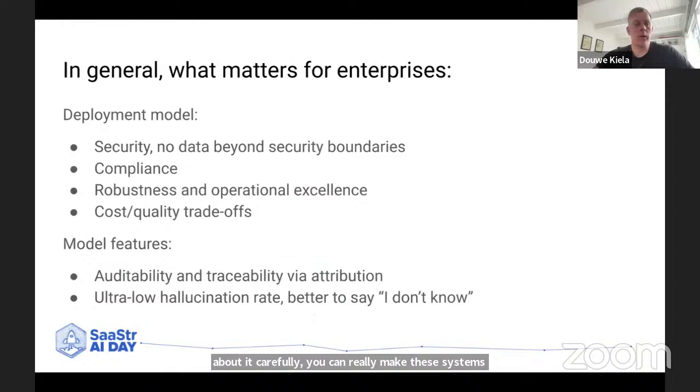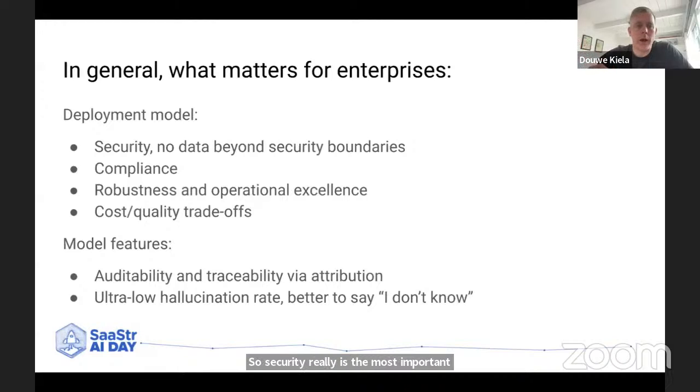In general, if we zoom out and look at enterprise deployments of this technology, I think it's interesting to share a couple of observations from our own experience at Contextual working with enterprises. They obviously care about the quality of the technology, but sometimes they care even more about the deployment model, right? Security really is the most important question.